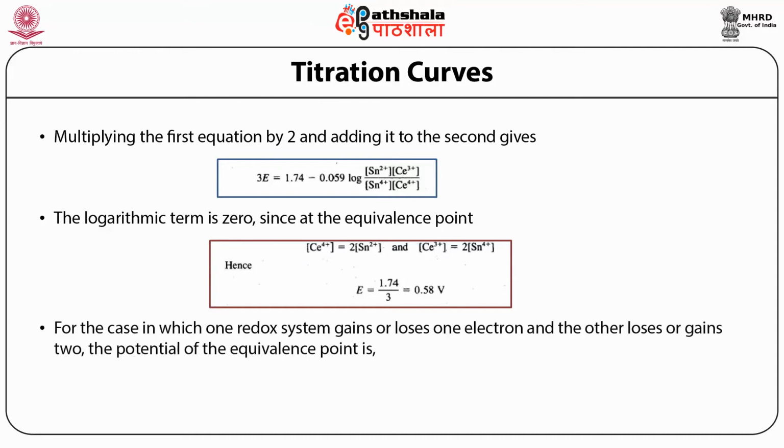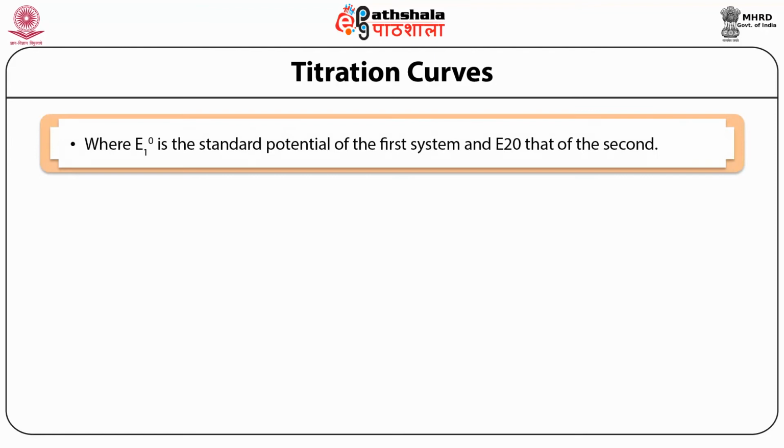For the case in which one redox system gains or loses 1 electron and the other loses or gains 2, the potential at the equivalence point is E is equal to (E naught 1 plus 2 E naught 2) divided by 3, where E naught 1 is the standard potential of the first system and E naught 2 that of the second.